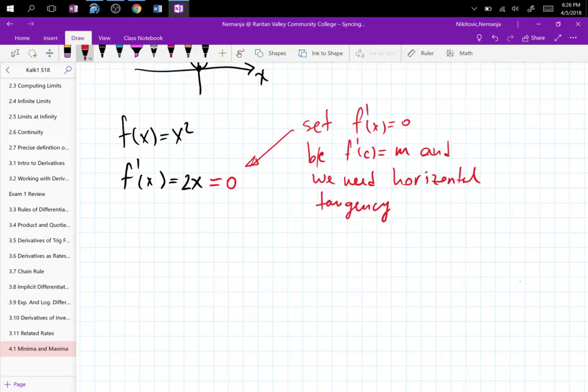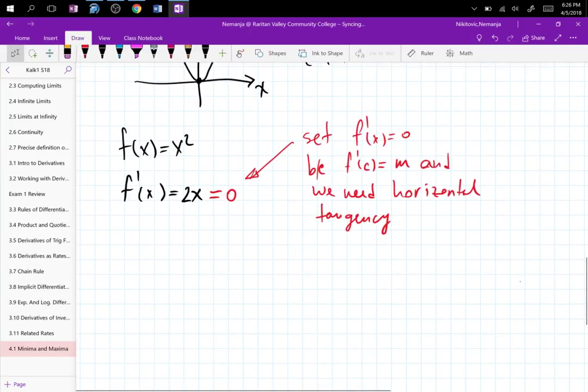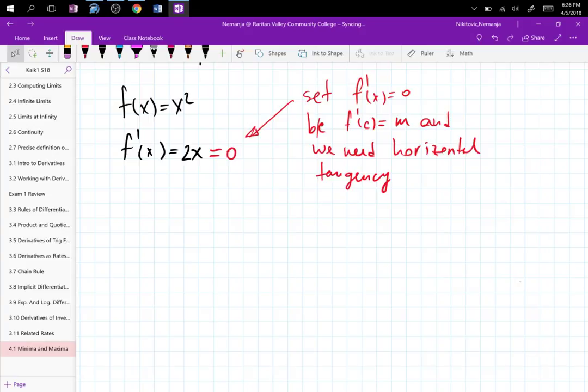So that's our reasoning. We know that min and max occur every time when we have horizontal tangency. So if I set derivative equal to 0, I am forcing derivative to be 0, which is m equals 0, and horizontal lines are the lines that have m equals 0. So that's that part. And now we have an equation to solve, right?